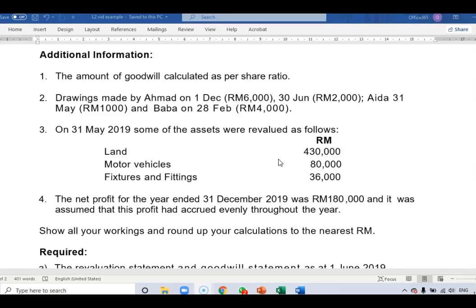Then the net profit for the year is 180,000. It is assumed the profit is evenly accrued, so we just assume every month will be divided by 12. In practicality it is not true that profit is even throughout the year, but we assume it is.